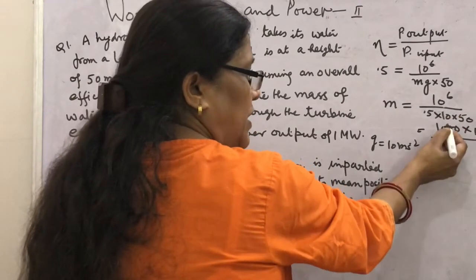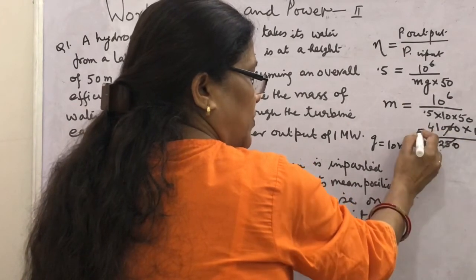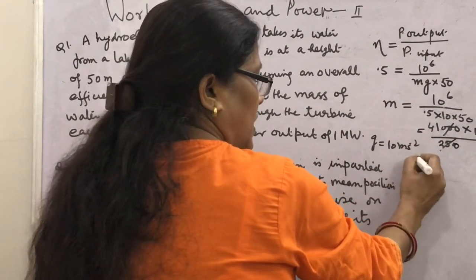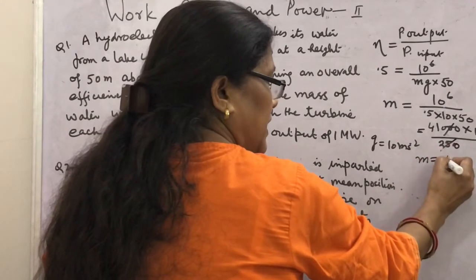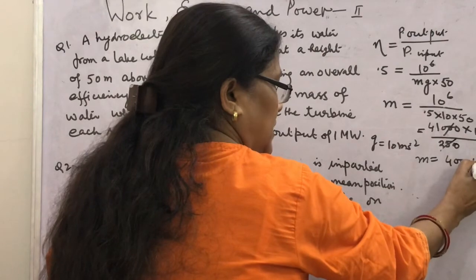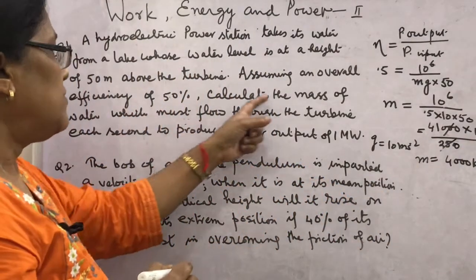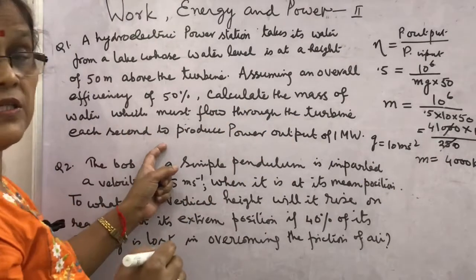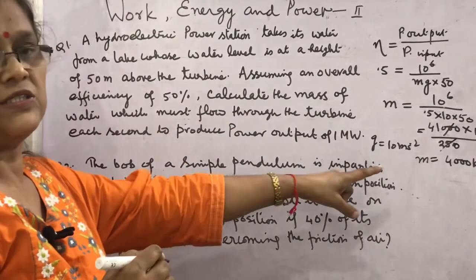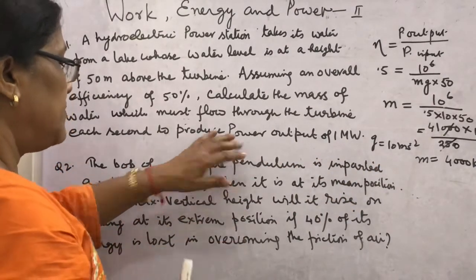Then 250 and 1000 you have already written here. It gives you 4. Then what will be the mass of water per second? 4000 kg. It is asked to calculate the mass of water which must flow through the turbine each second. You should write each second. In this way you will solve.